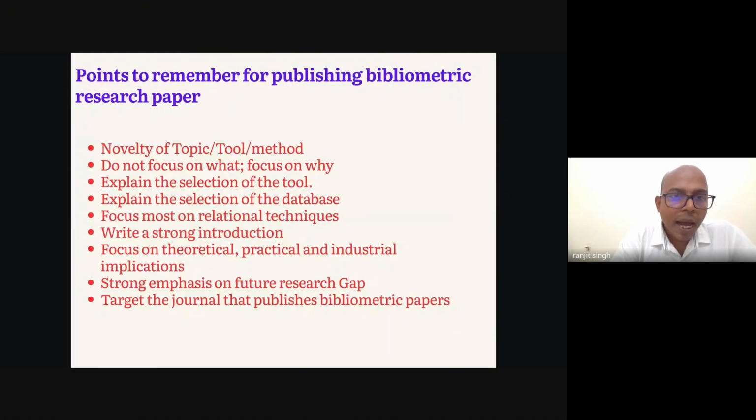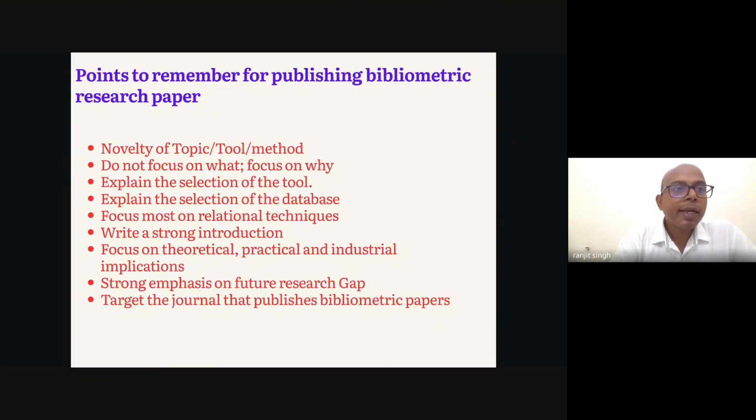This will help. So the first thing you have to consider is the novelty of the topic, tool, or method. Novelty can be based on the topic, on the tool, or on the method. Novelty of the topic: do not write any bibliometric analysis which has already been conducted.